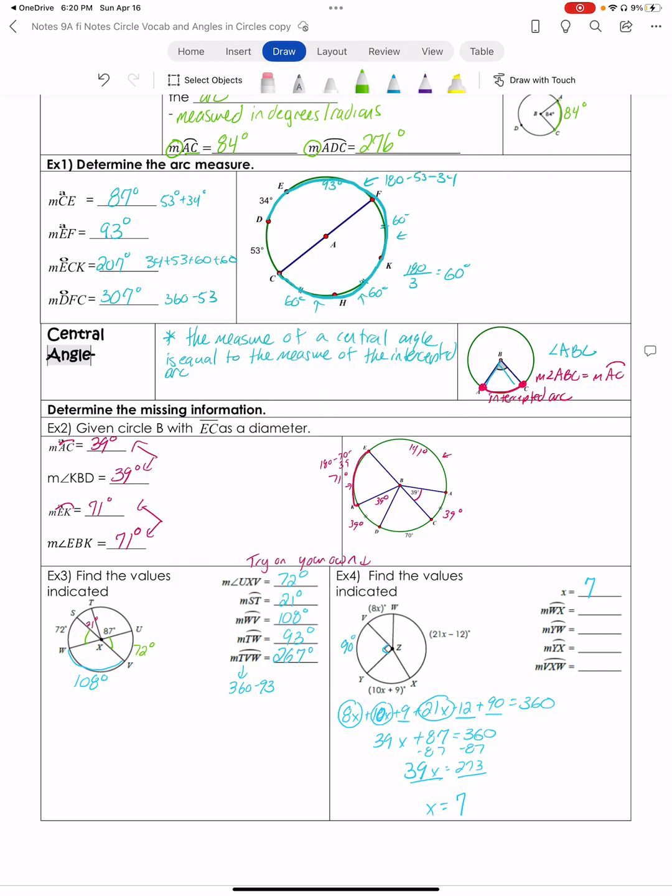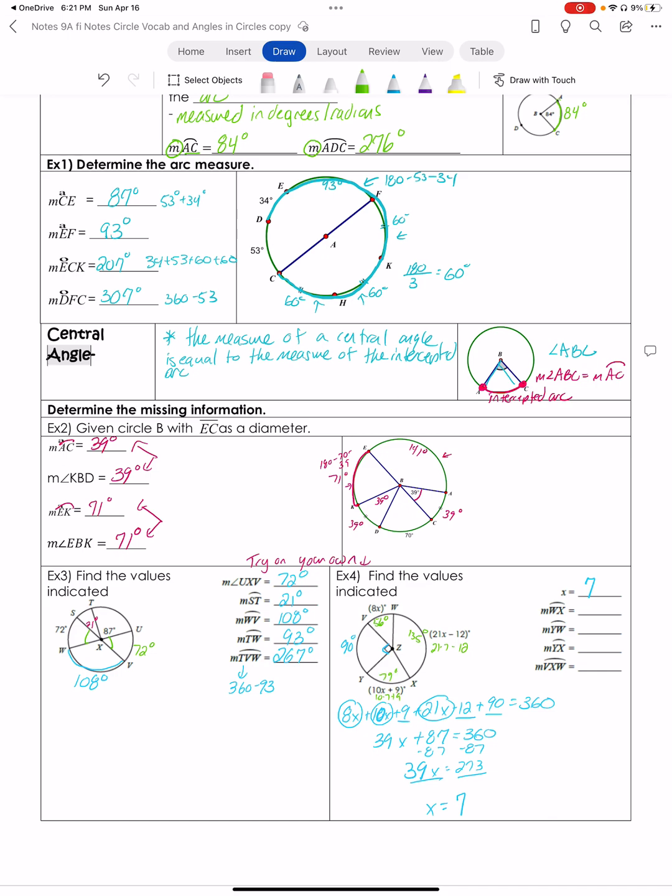Okay, knowing x is 7, 8 times 7 is 56. 21 times 7 minus 12 is 135 degrees, and then 10 times 7 plus 9 is 79 degrees.